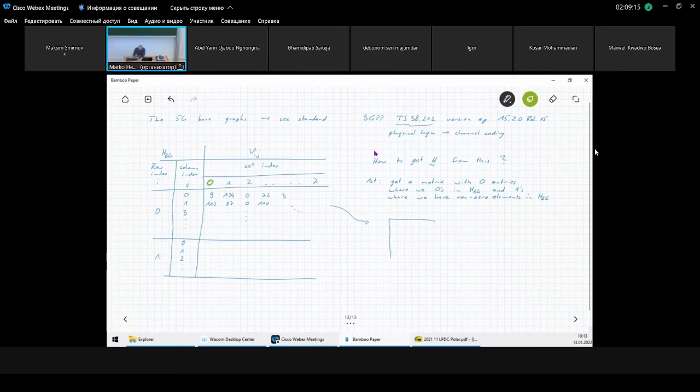We would have 0, column 0, or first row, first column. This means column j being 0, i being 0, and here we have a non-zero element. So this means here we would need to include a 1.